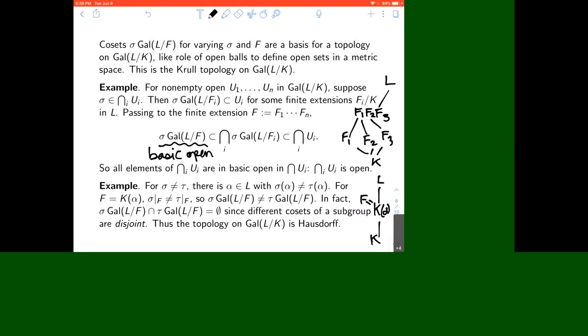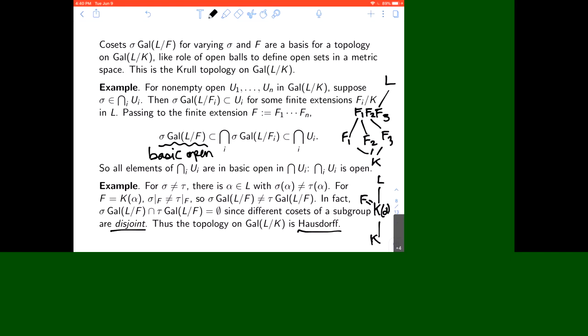In fact, the cosets are not the same because sigma and tau have different behavior somewhere on that field. But from group theory, if two cosets are different, they're in fact completely disjoint. And so these basic opens around sigma and tau are not just unequal, but disjoint. But that means that we've constructed open sets around sigma and tau that are disjoint, and so the topology is Hausdorff. Okay, and so this topology on the big Galois group of L over K has the Hausdorff property.